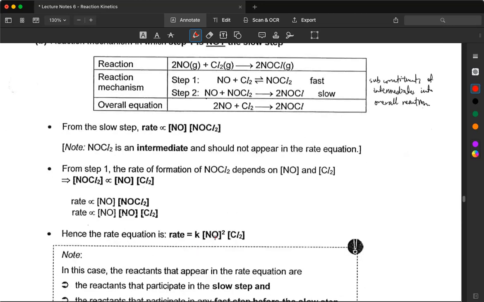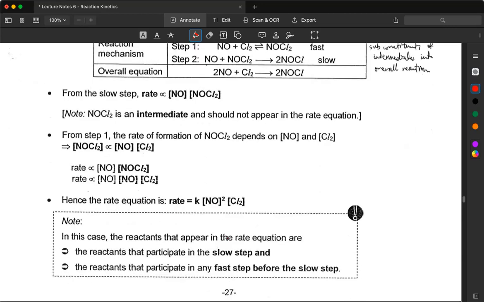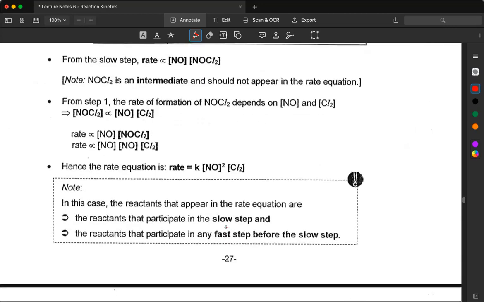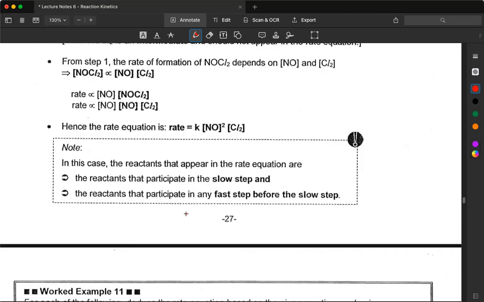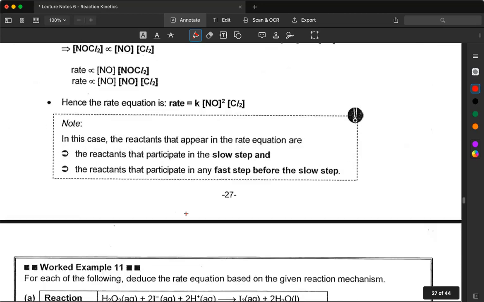NO to the power 2, Cl2. This is the rate equation. So in this case, the reactants that appear in the rate equation are the reactants that participate in the slow step and reactants that participate in any fast step before the slow step. Just remember, it should not show the intermediate, and you should equate to the reactants in the fast step in that case.